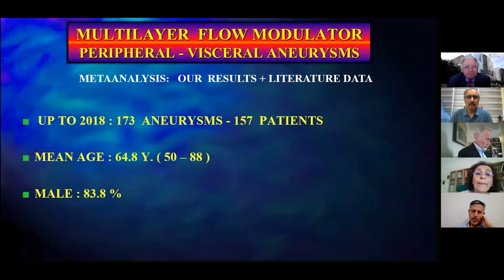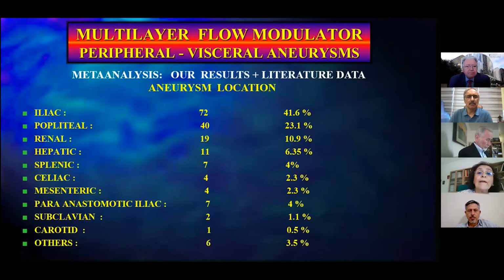The meta-analysis reports 173 aneurysms with a mean age of 64.8 years, with the location essentially iliac, popliteal, and renal.